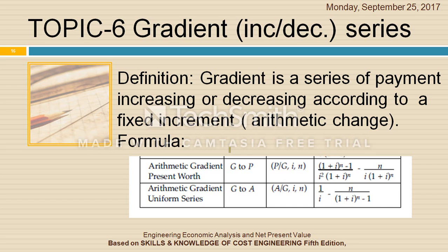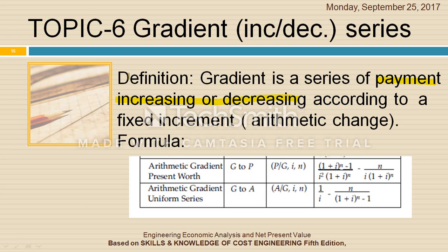We will talk about the gradient series. It's similar to annuity. The only difference is that the payment is not constant, is not uniform. The payment is increasing or decreasing. So what's the definition?